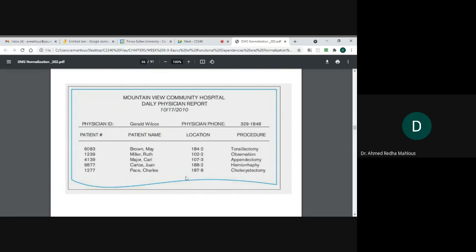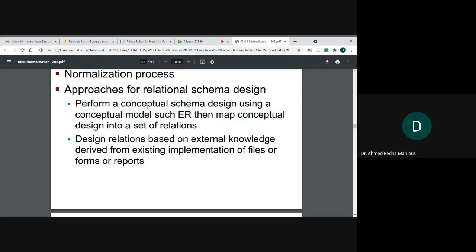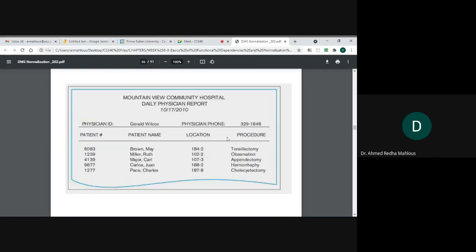So based on this information extracted from this report, I can automatically give you the relational schema. I can give you the design and tell you what the probable relations are and what their attributes are, only based on this type of report. This is one way.